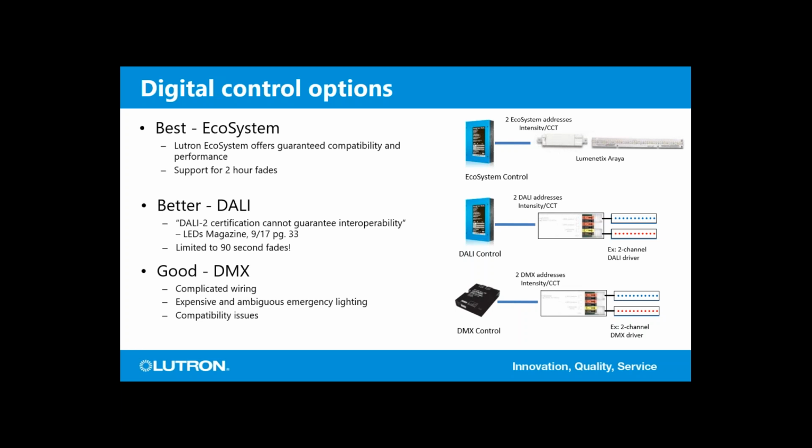If I use the ecosystem in the fixtures and the controls, I know it's going to work on site. I know I'm going to get the performance I need. And the other benefit of ecosystem over DALI is it supports long fades. So you can do up to 2-hour fades, and you can stack multiple 2-hour fades back to back to do a really long change over the course of the day, which is a very common sequence of operations for tunable white spaces.